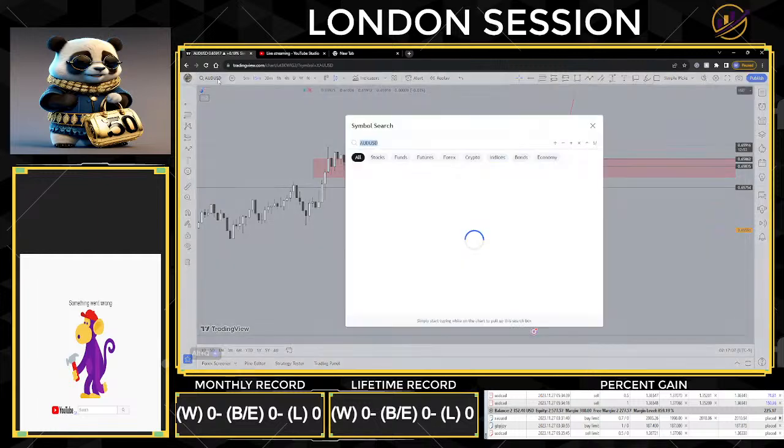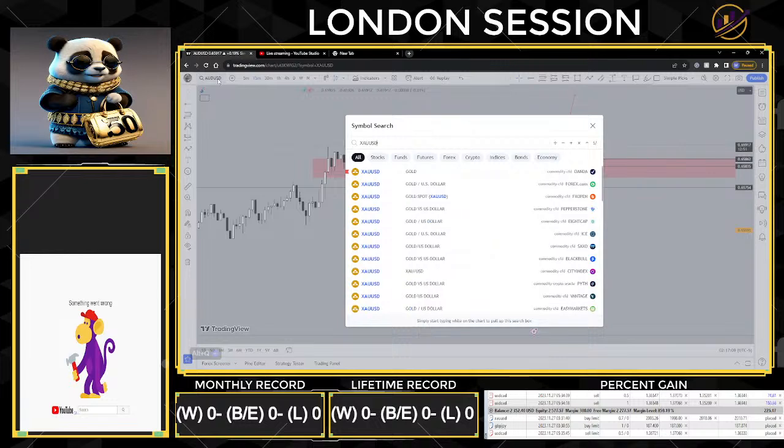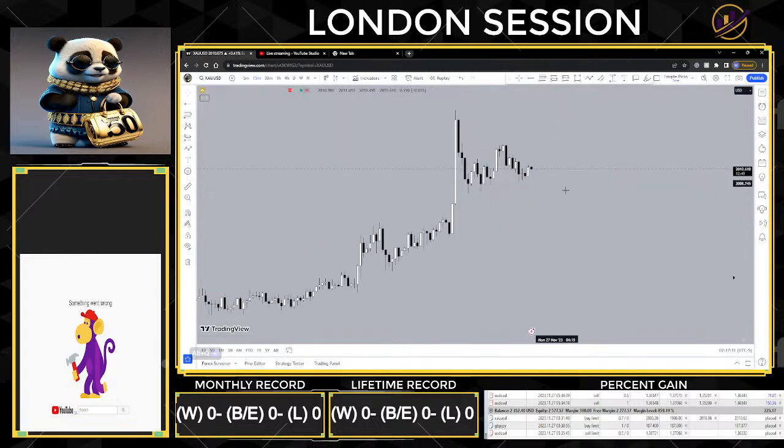I'm also looking at a long on gold. The long on gold is probably going to be around this zone, from right here to right here.